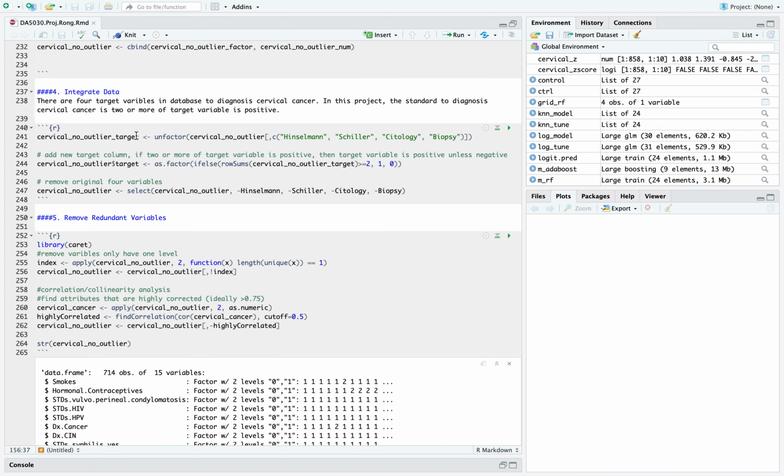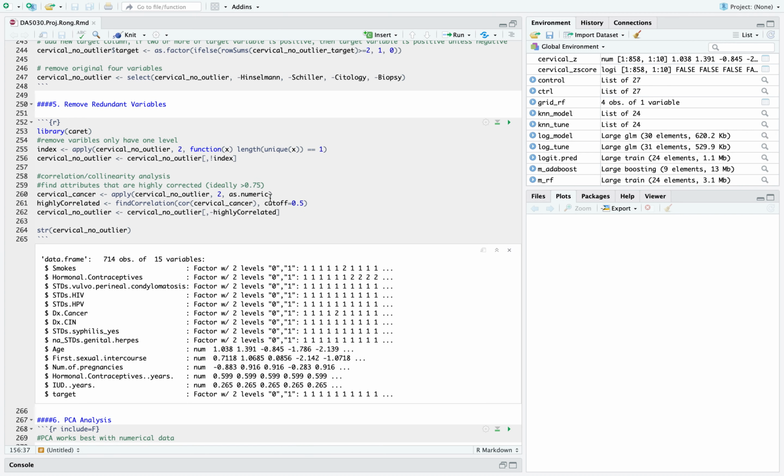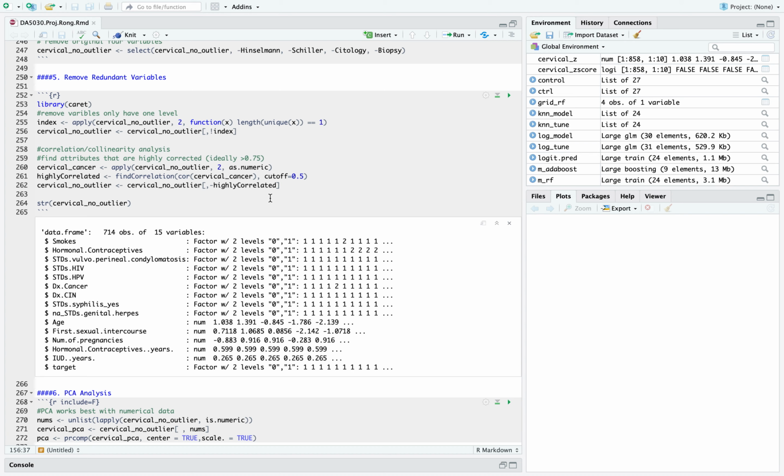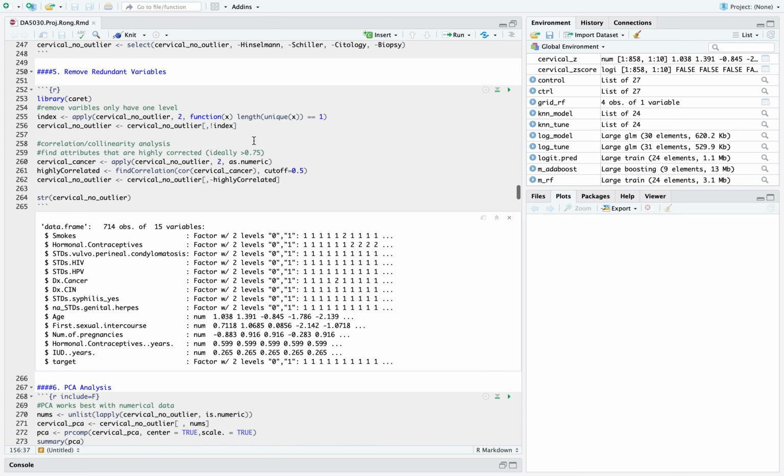I just created a new column called target and removed the original four target variables here. I also removed redundant variables here, because a lot of the factor variables have just one level.